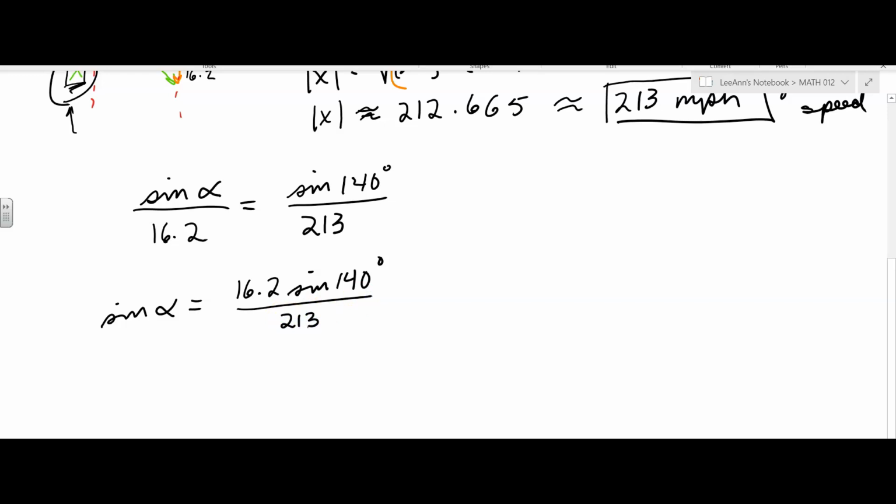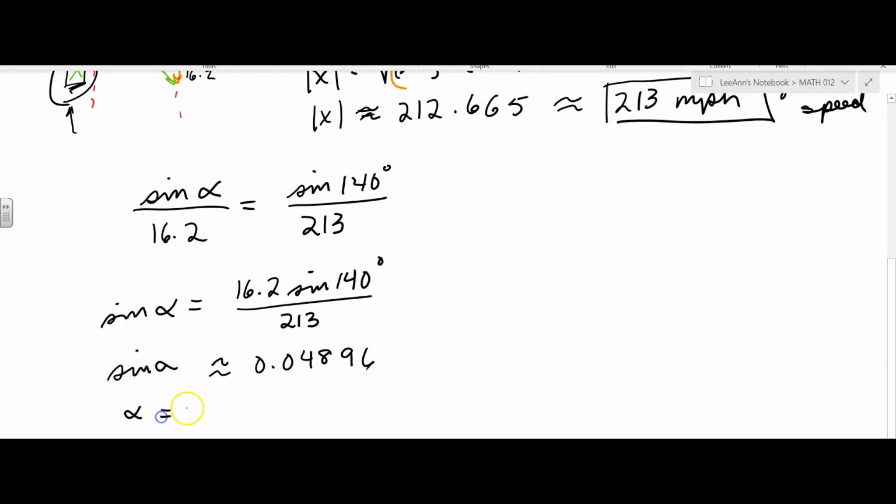We'll put that in our calculator. So I wasn't going to round off. Let's see what happens. I'll do it both ways. 16.2 sine 140. If I use my non-rounded off answer, divided by that, I get about 0.04896 something, and then I have to go inverse sine of that.